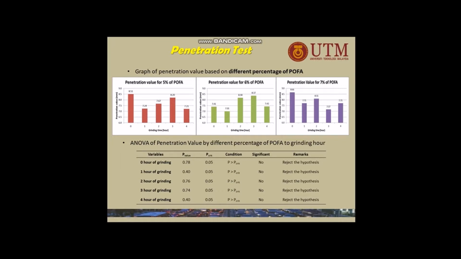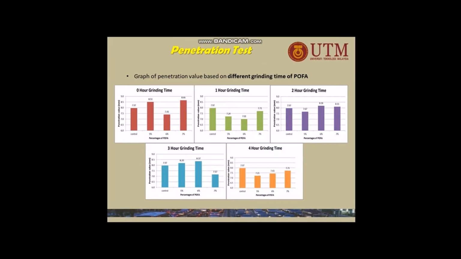This is the graph of penetration value based on the different grinding times of POFA. From each grinding time, the graph shows inconsistent results, with some samples of POFA modified bitumen having higher penetration value compared to the control sample. However, adding POFA to the bitumen decreased the penetration value for some samples.